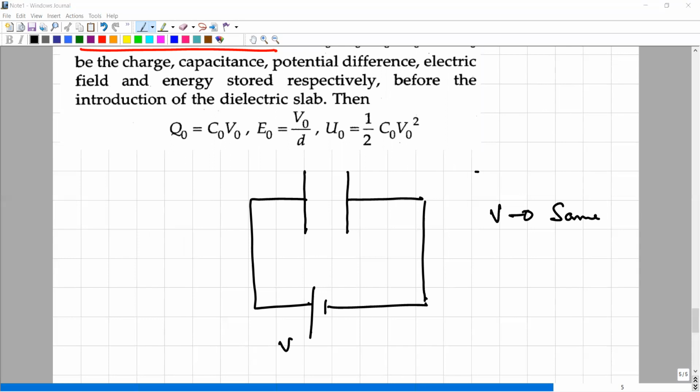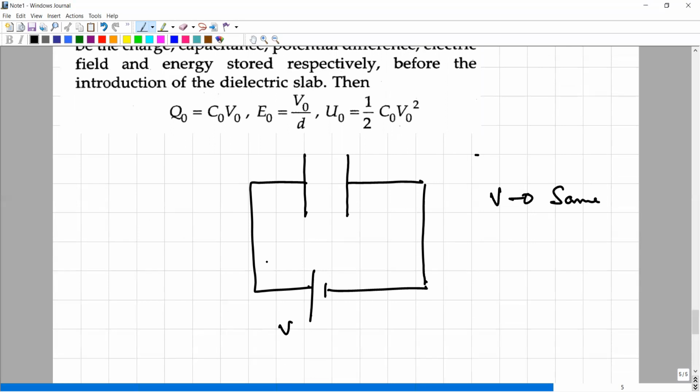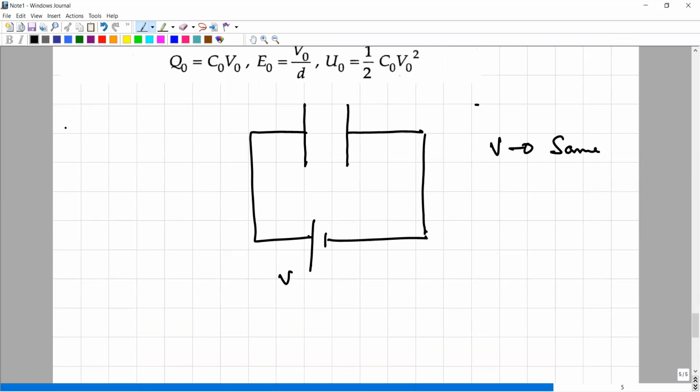Now, if the potential remains the same, then what will happen to other values? If you insert a dielectric here, and this dielectric constant is K, you already know that capacitance will change, and the capacitance now will become K times the old capacitance.